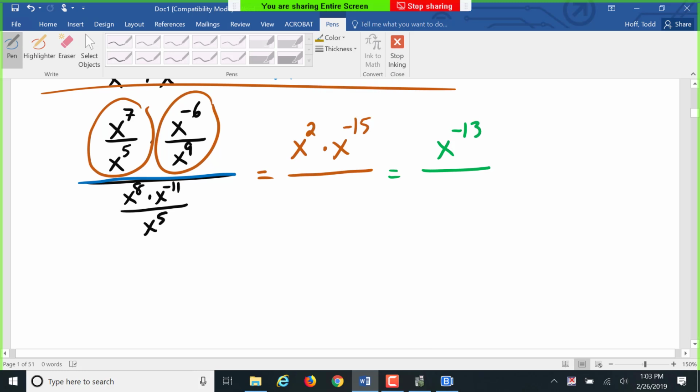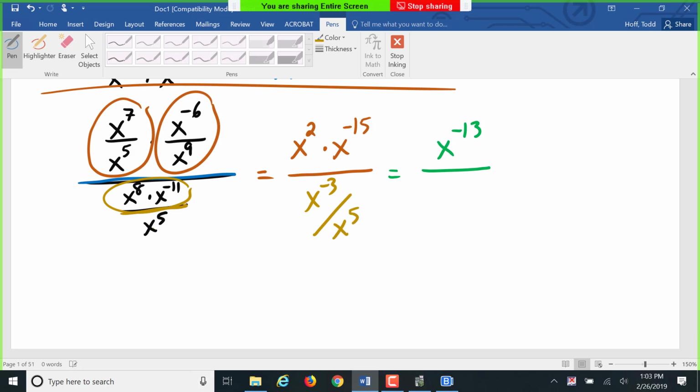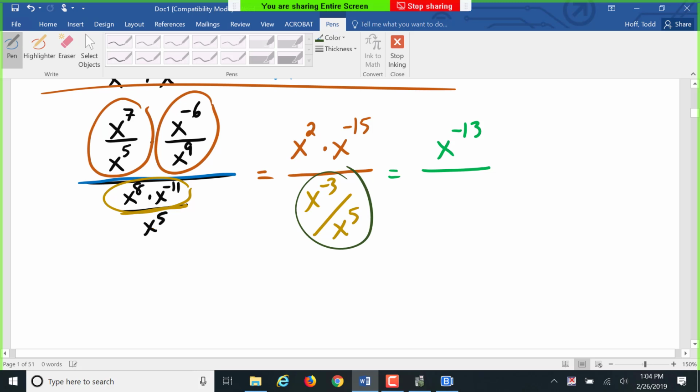Now on the bottom, we have some work to do. We see another fraction bar, so we have to do what's on top of that one first. What is x to the 8th times x to the negative 11th? X to the negative 3. And of course, we still have the x to the 5th on bottom. Now we'll divide x to the negative 3rd divided by x to the 5th.